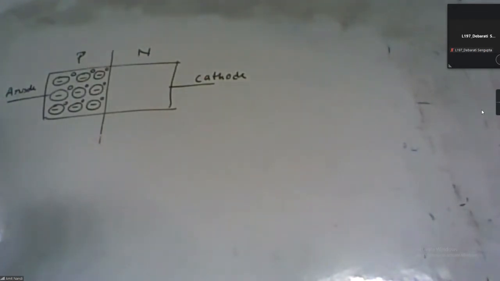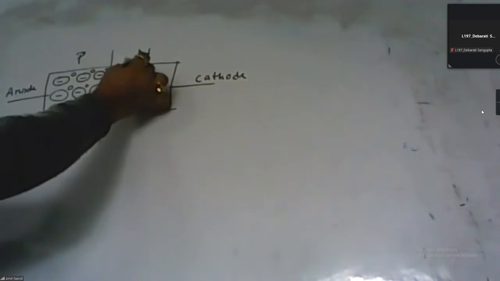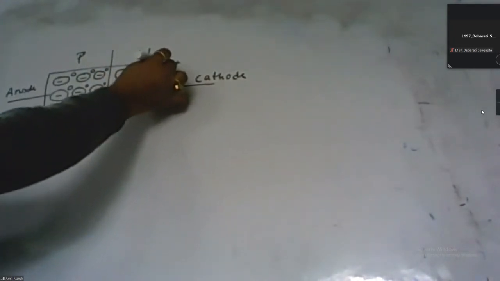For that reason, it can be easily detached and behave like a free electron. Then the atom behaves like a positively charged donor ion, because it donates one electron to the semiconductor material. For that reason it is called a donor ion.